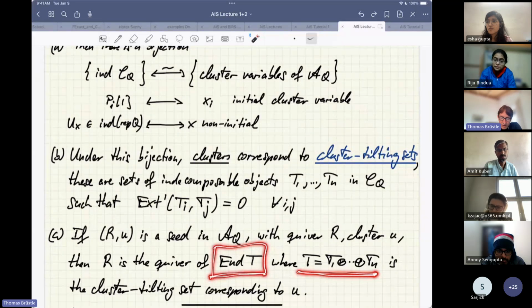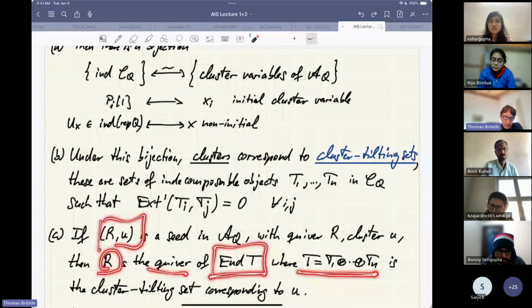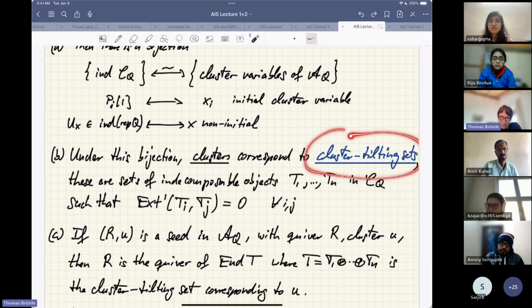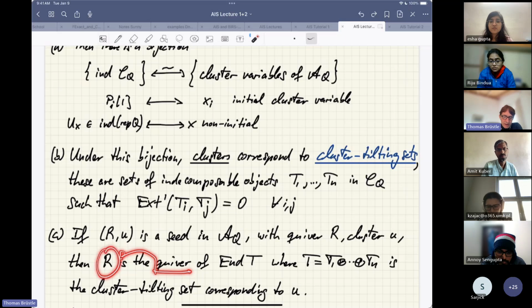This is a certain ring, and that algebra has a quiver. And this is the quiver R that gives me the seed. So the cluster determines the quiver in that way. If I have a cluster tilting set, I compute its endomorphism algebra, I compute the quiver of it, and that's the quiver that corresponds to the quiver in that seed. Okay, so I want to illustrate those results.